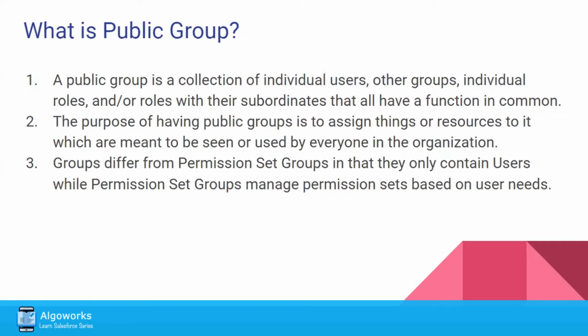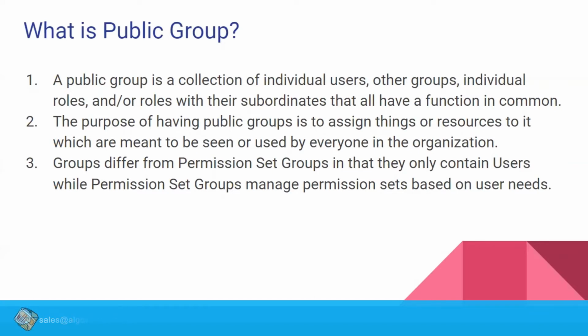A public group consists of a set of users, and these are created for groups who have different profiles. The purpose of having public groups is to assign things or resources that are meant to be seen or used by everyone in the organization.